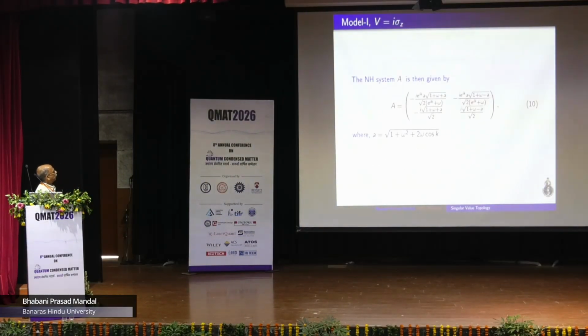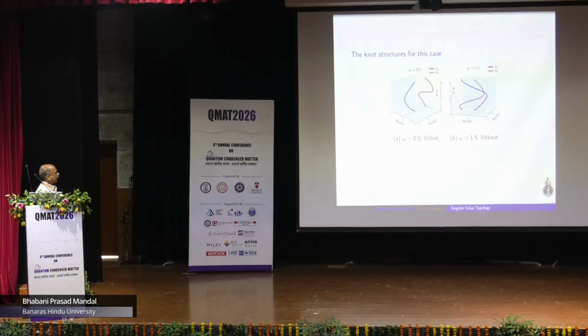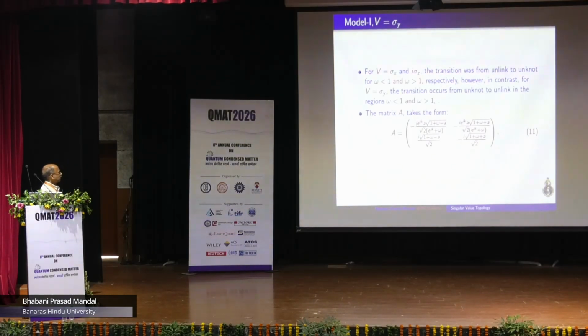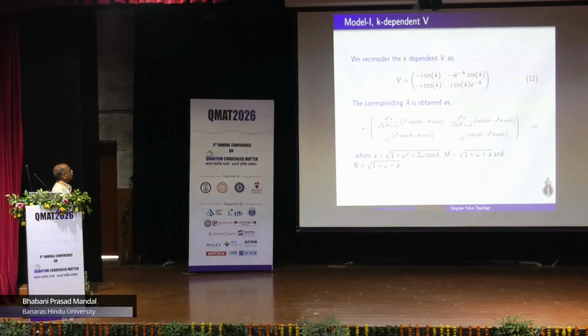We repeat this for many choices, particularly all three Pauli matrices, and we find exactly the same change from unlink to unknot. I'm just showing these different choices, and those are k independent.